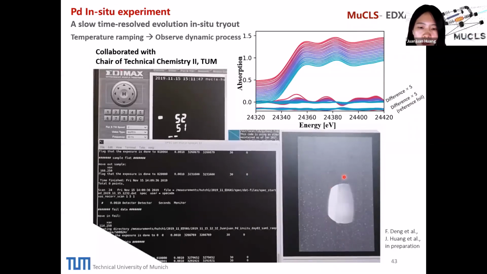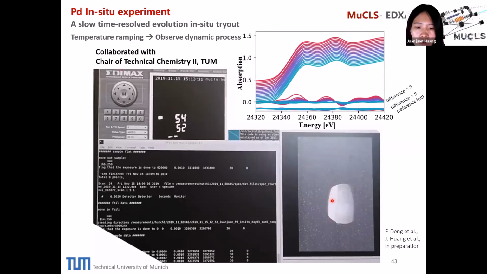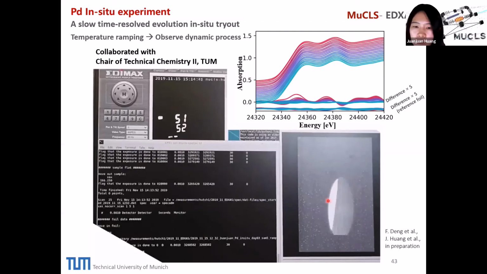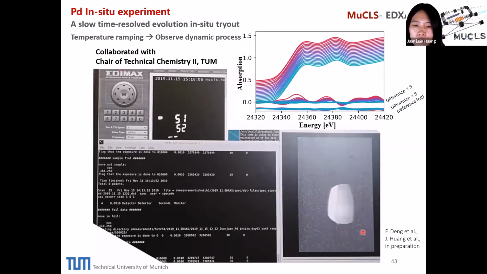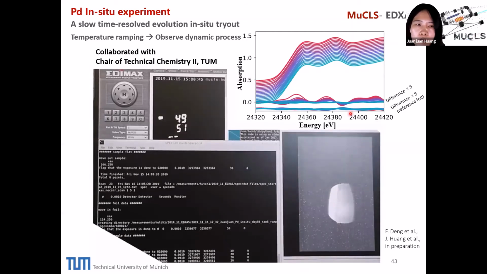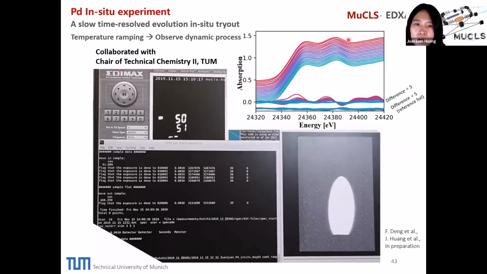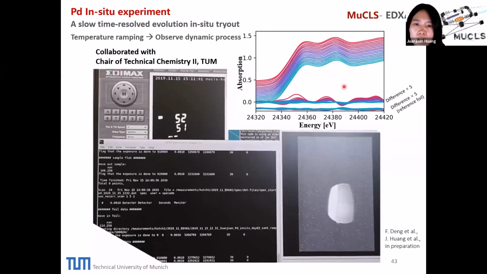For example, now we are looking at the sample pellet inside the reaction cell, and we took 5 images. Then now it's the beam without sample, and this one is a reference foil. So basically we are able to observe slow dynamics and see some spectral changes when ramping up the temperature.